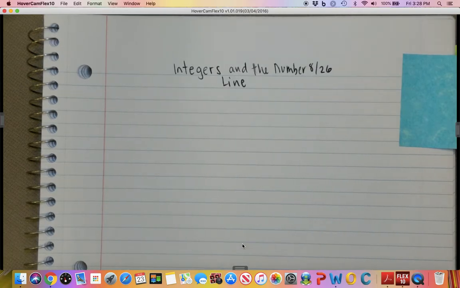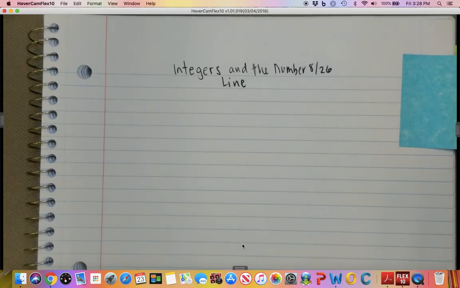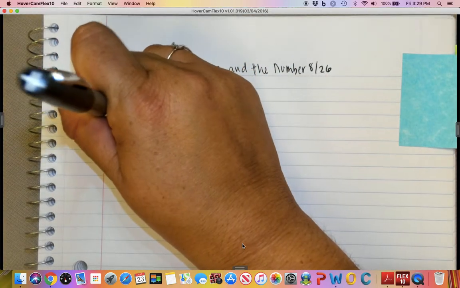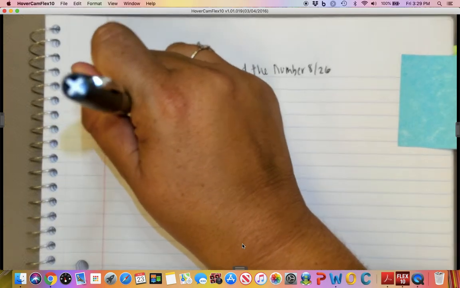So we always start out with a few vocab words. You might already know the words, but that's okay. We're going to put them in our notebook anyway. We are going to start with the definition of integer.